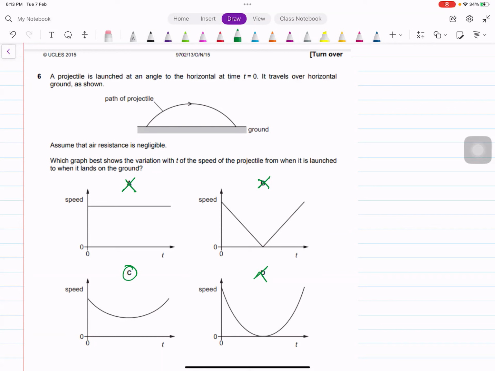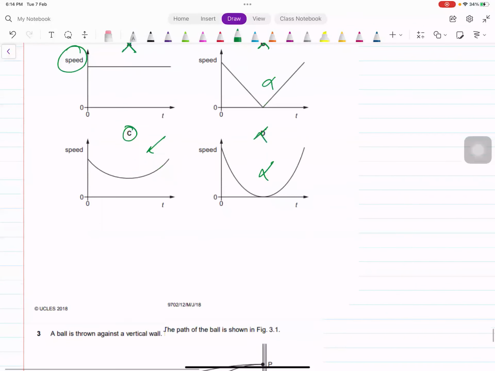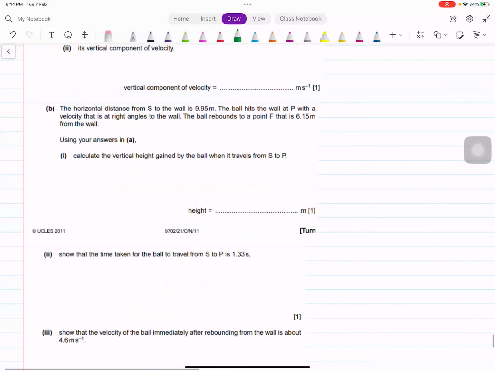So even if vertical velocity becomes zero at one point, there is still horizontal velocity. So these two graphs are automatically wrong. Do you understand? Yes, I get it. In this one, the speed stays constant. It doesn't stay constant because the vertical is changing. So only this one shows it. Okay, good.